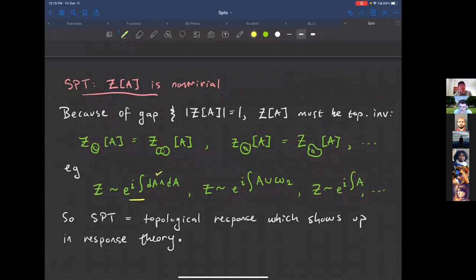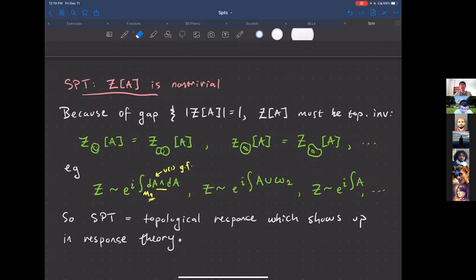Here A is a U1 gauge field, and we're integrating over some 4-manifold. People probably know that this wedge product of the curvatures is locally a total derivative. Locally it is A wedge dA, but globally it's non-trivial, and if I integrate this over a manifold, I'll get some number, and that number only depends on the topology of M4.